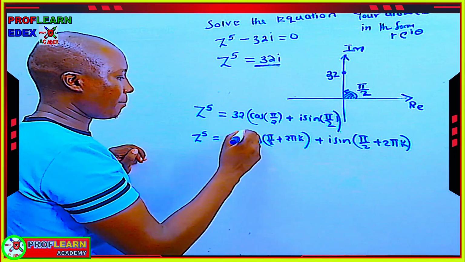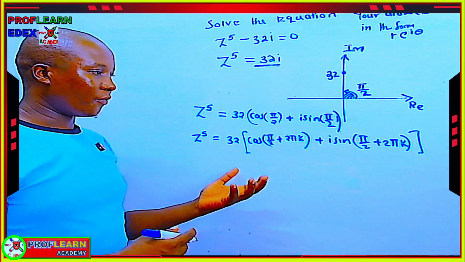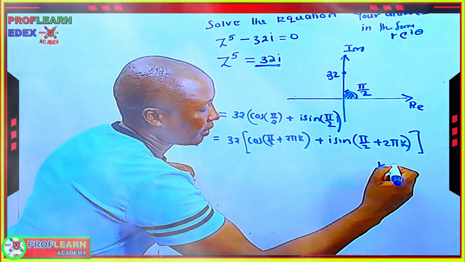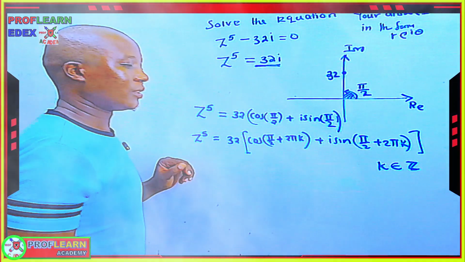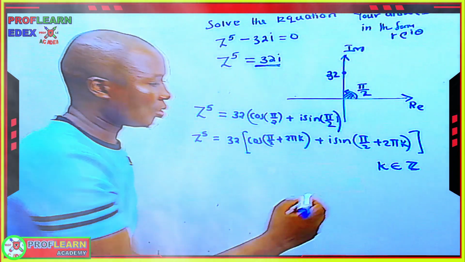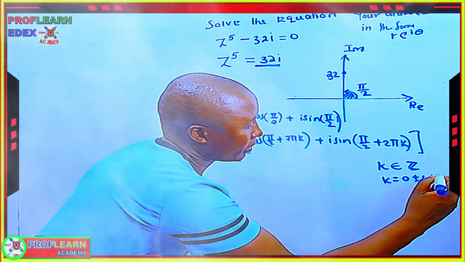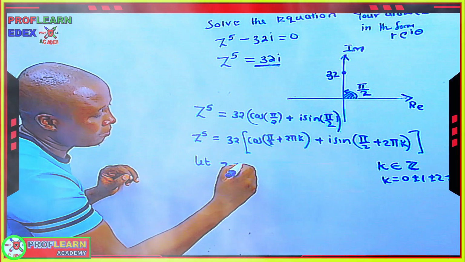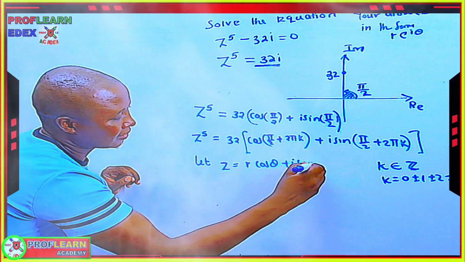So we can find a set of values of these complex numbers, where k is a member of the integers. So k can be equal to 0, plus or minus 1, plus or minus 2, plus or minus 3, and so on. Let z be equal to r cos theta plus i sine theta.